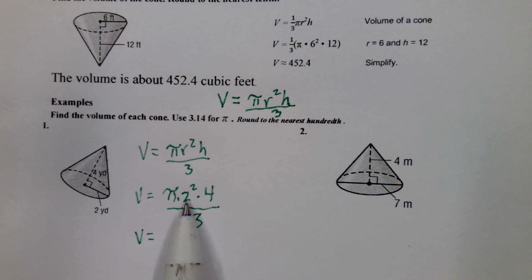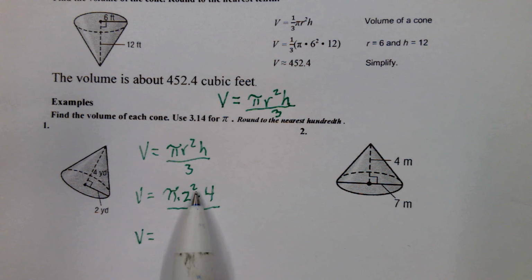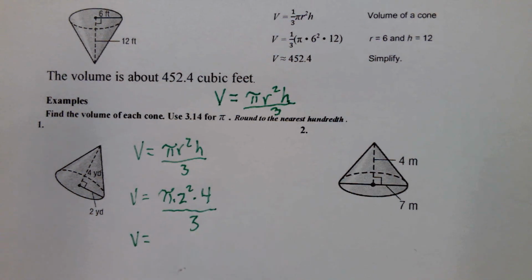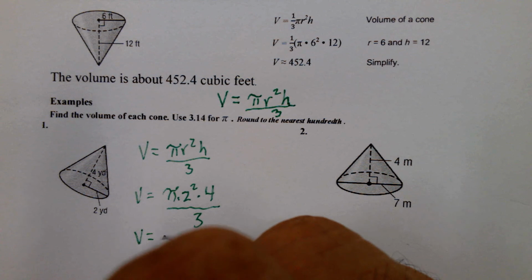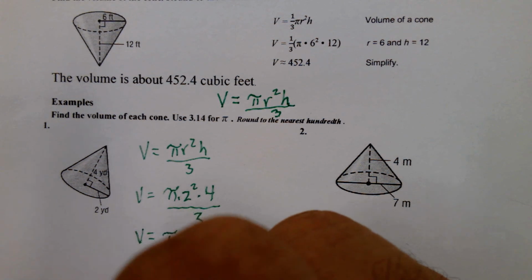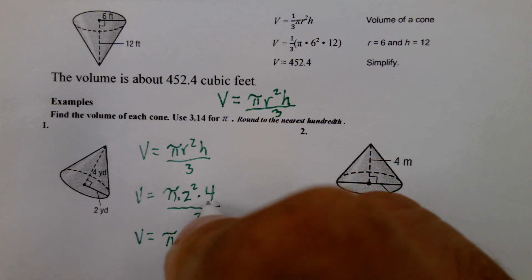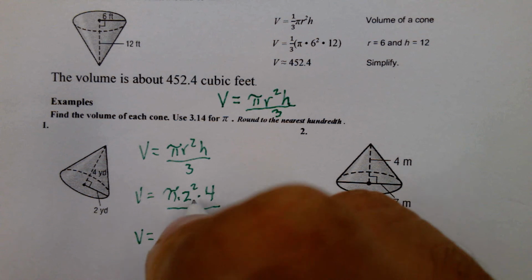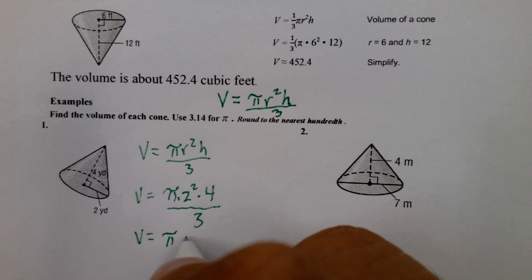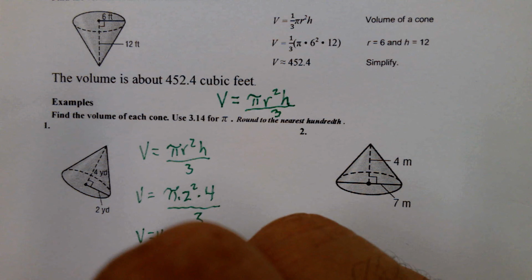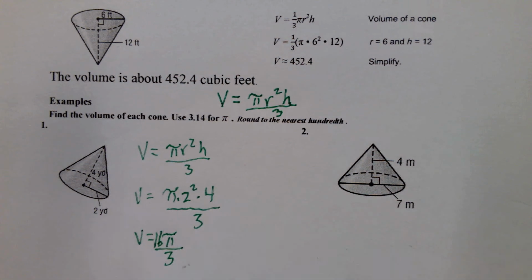So we got 2 squared, which is 4. So this would be pi times 4 times 4. So that's 16 pi, or 16/3 pi.